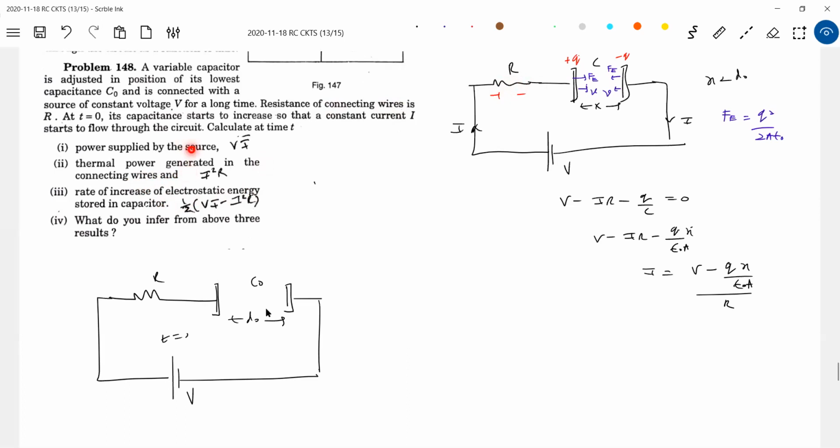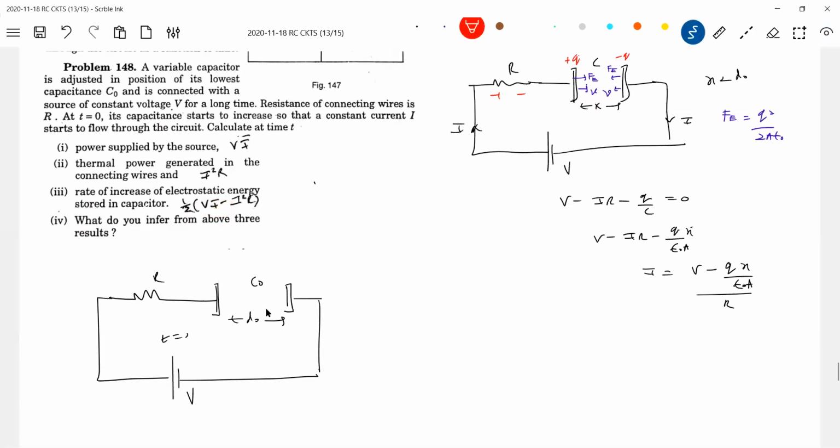The difference of these two, V I minus I square R, is given to the capacitor. In that, what happened again, of the energy available across the capacitor, half of it will be available for increase in electrostatic potential energy. Where has the remaining part of the energy gone?